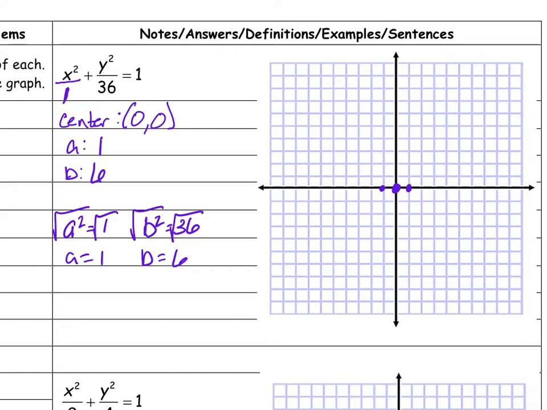And B is my vertical distance, so it's 6. So I'm going to count up 6 and down 6. 1, 2, 3, 4, 5, 6. 1, 2, 3, 4, 5, 6. And that's the top and the bottom and the furthest left and the furthest right of my ellipse.